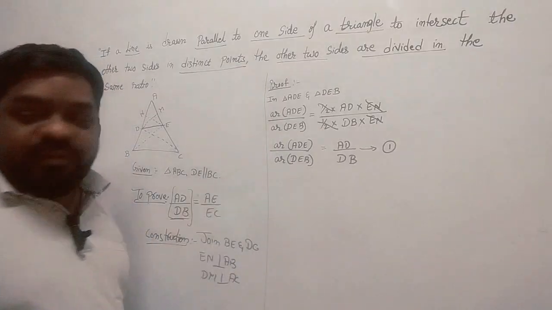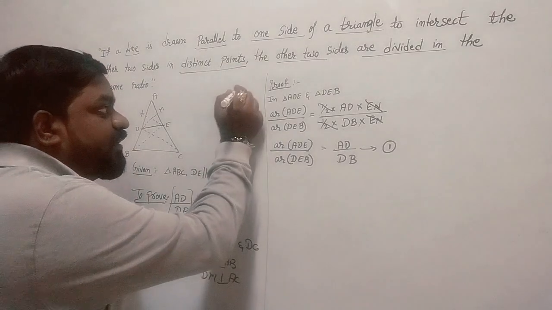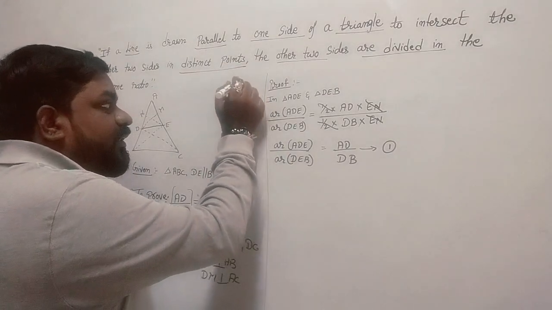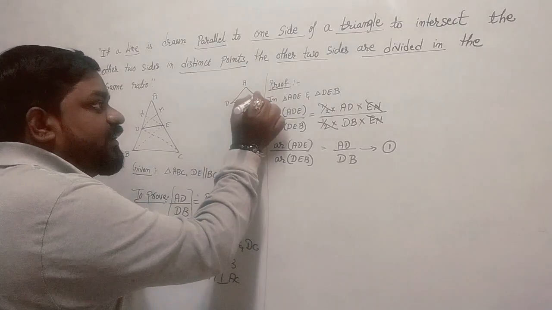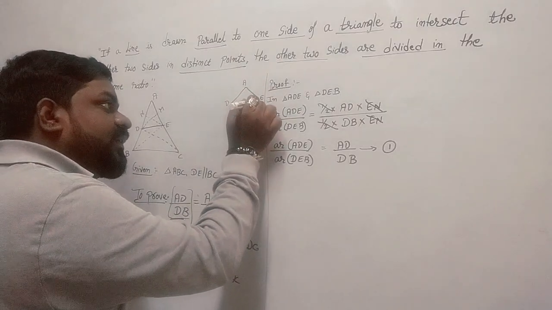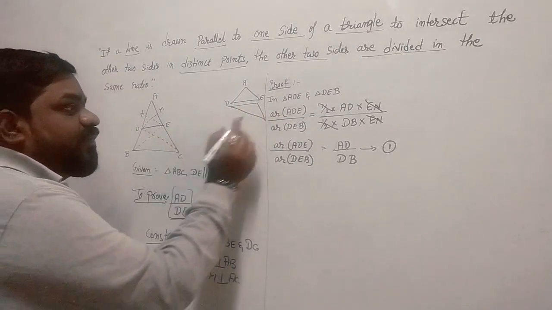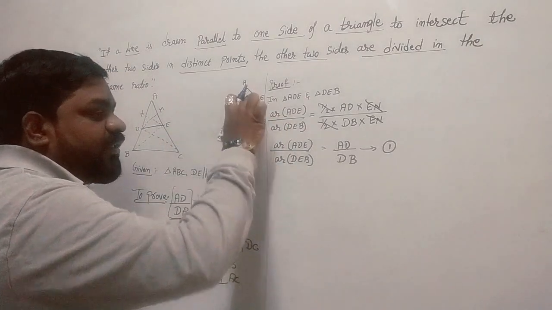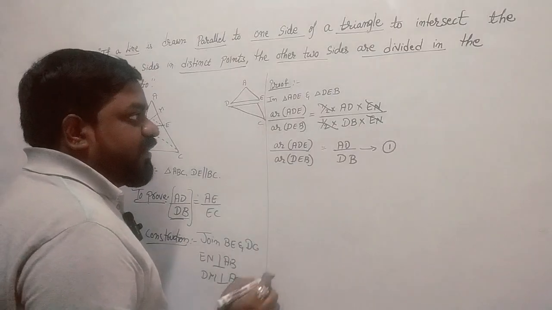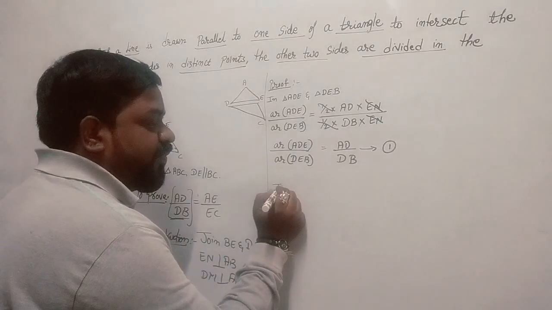Similarly, now we need to consider triangle ADE and the triangle towards the left side, that is DEC. Now look at the triangles and continue the proof.